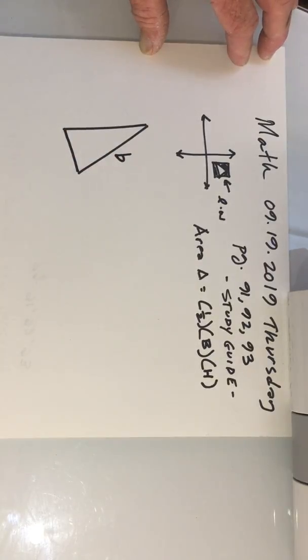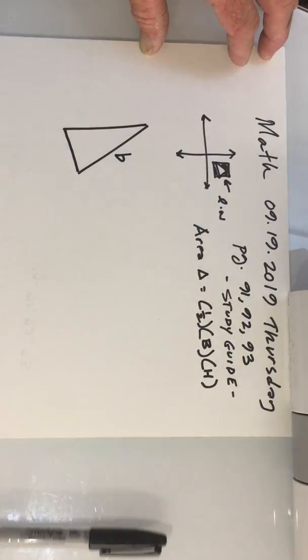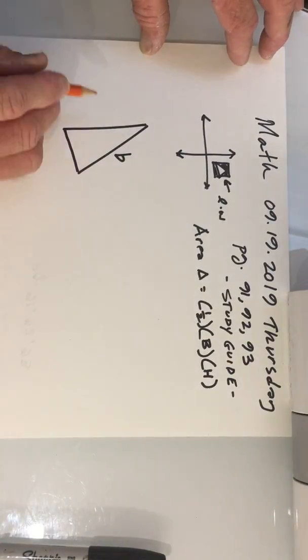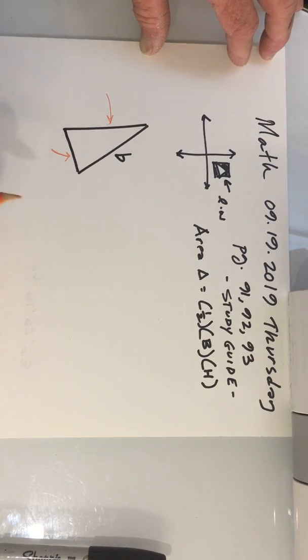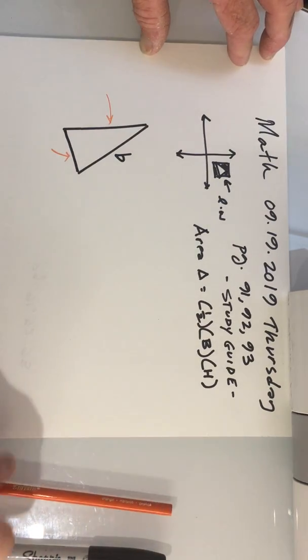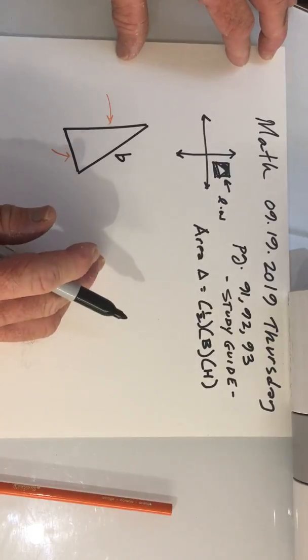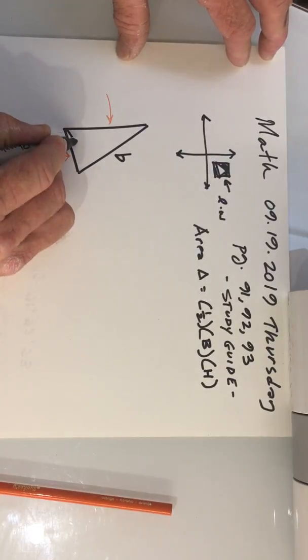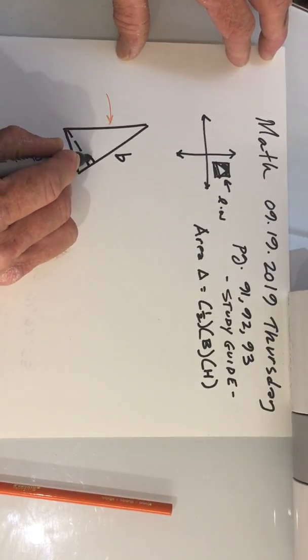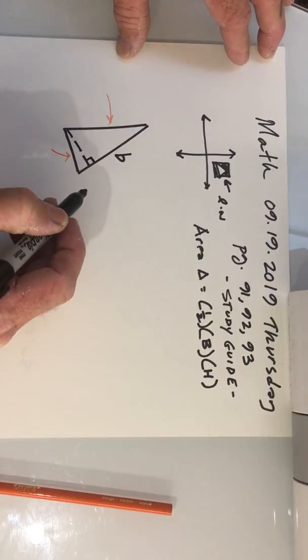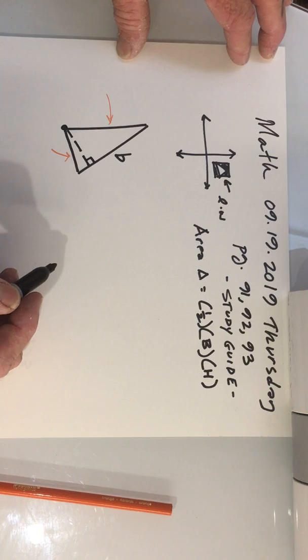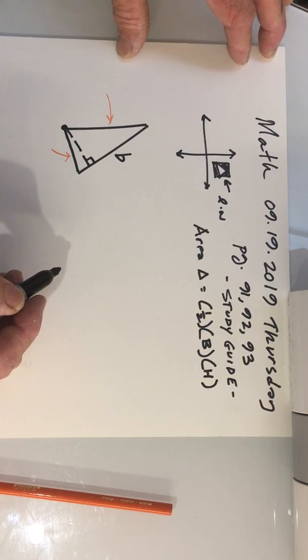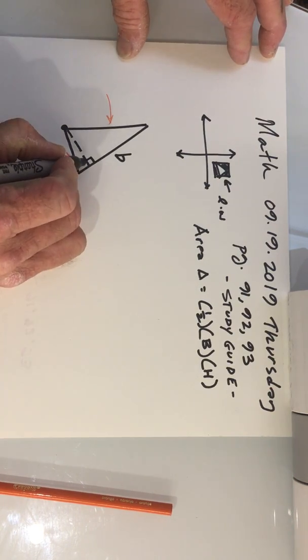I'd like to point out some of the common mistakes that you see when you have these questions. Very often students will look at one of these sides of the triangle and name it the height. But remember, the height is a vertical distance. It makes a right angle with the base, and it goes to the vertex that is the furthest from the base in terms of a vertical distance.